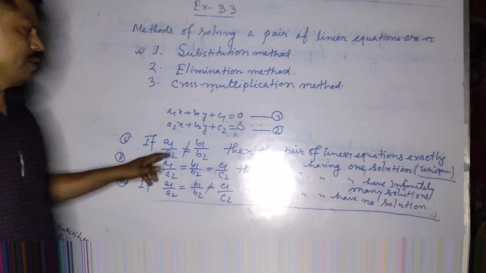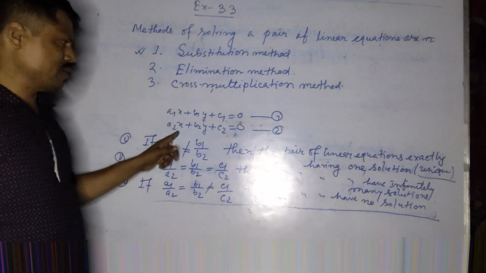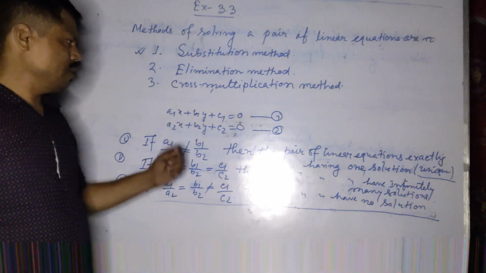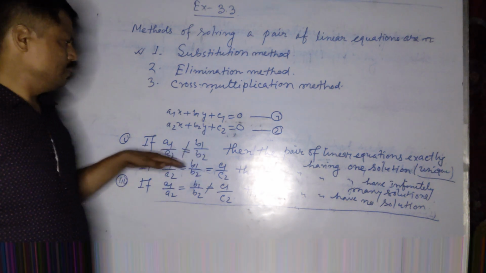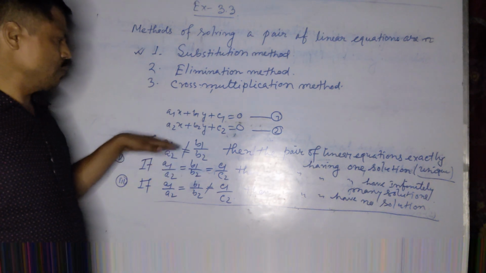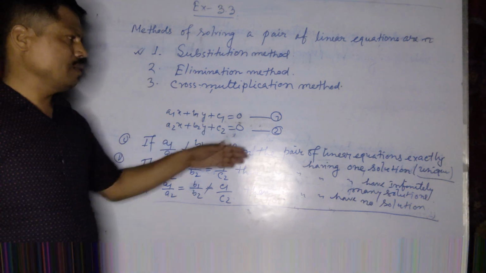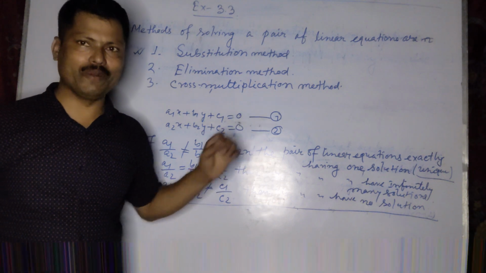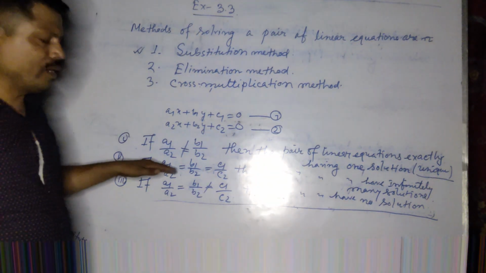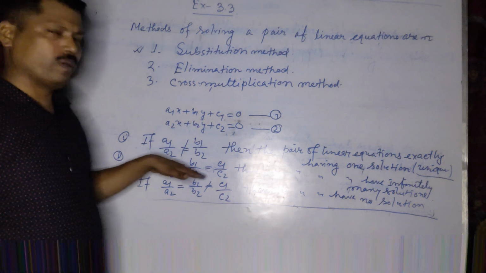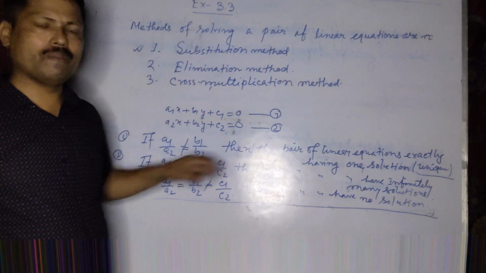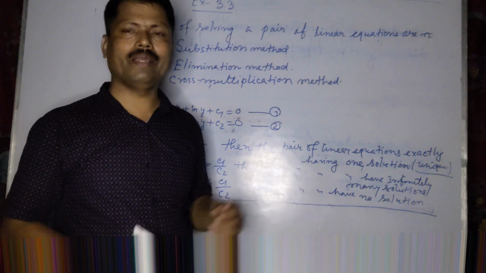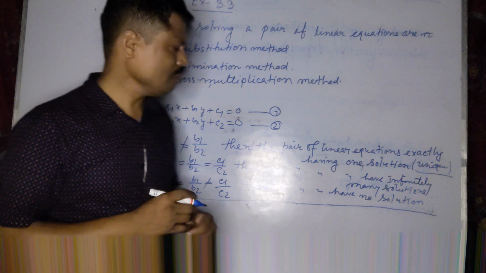If a1 by a2, the ratio of coefficients of x, is not equal to b1 by b2, the ratio of coefficients of y, then the pair has exactly one solution, a unique solution. If a1 by a2 is equal to b1 by b2 is equal to c1 by c2, the pair has infinitely many solutions.